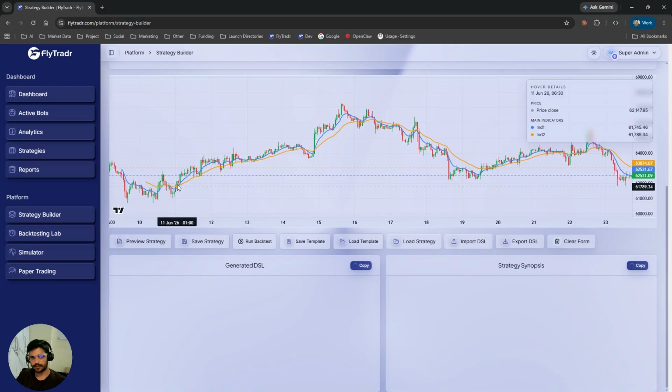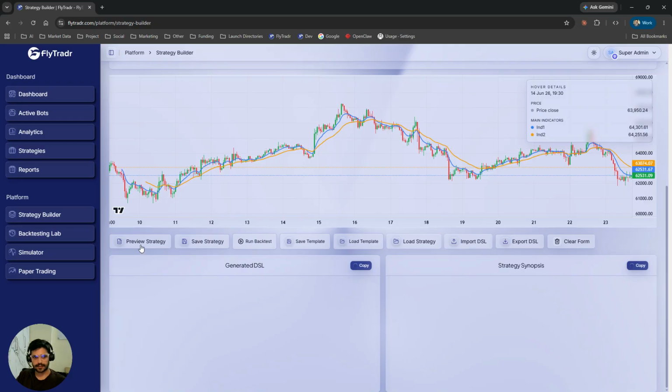In that case, you'll have your entry somewhere over here. Then if you keep tracking, around this point there was a reverse crossover, which means the blue crossed back, and that would mean our exit condition was met here. Obviously, if in between any stop loss or profit levels were hit, you'll exit before that. But if not, at this point you will exit from your trade.